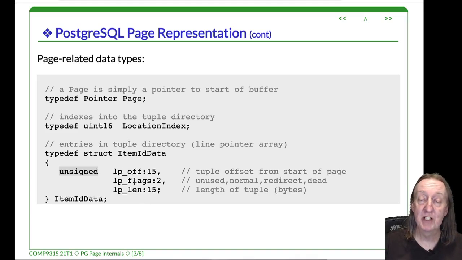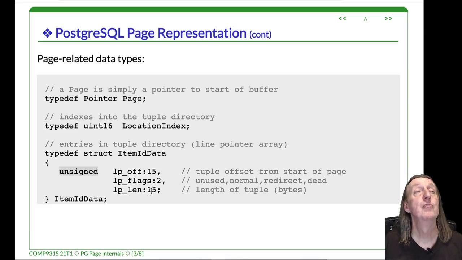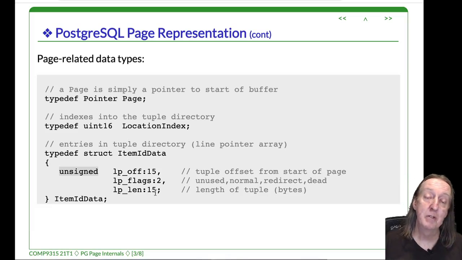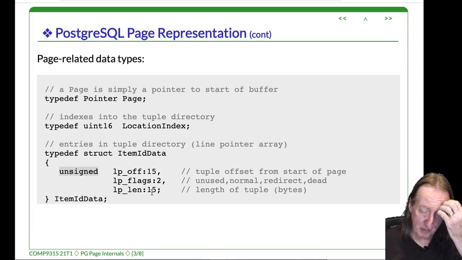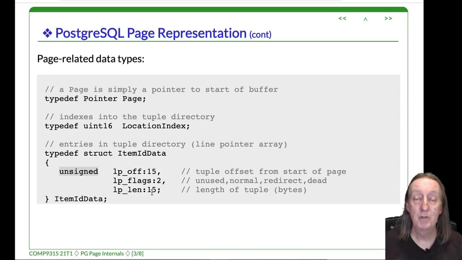Some flags that can tell you the status of the tuple and how long the tuple is, so another 15 bits. Even they sound slightly large for what we need. If we've got an 8K page, you don't need 15 bits to address that.